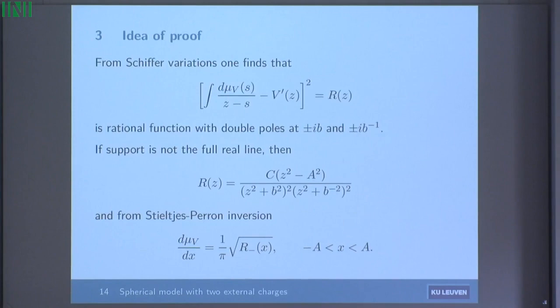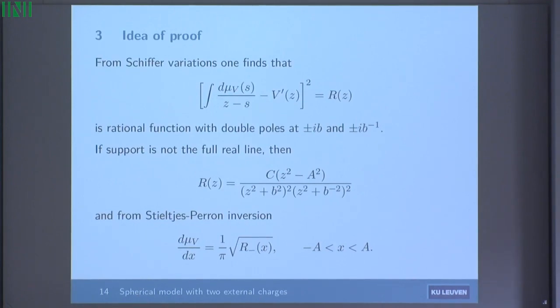There is a method called Schiffer variation. So we're dealing with a minimization problem for measures on the real line, and you can make variations of the measure, and if you embed your minimizer into a one-parameter family of measures, then the energy, of course, should be minimal at the minimizer, and differentiating with respect to the parameter, you get an equation.